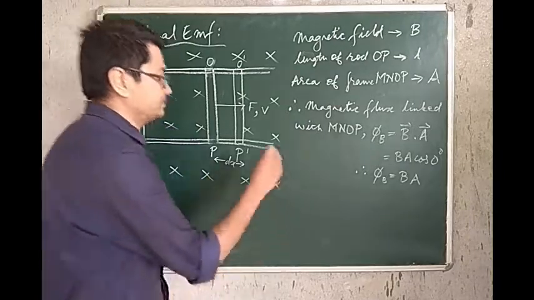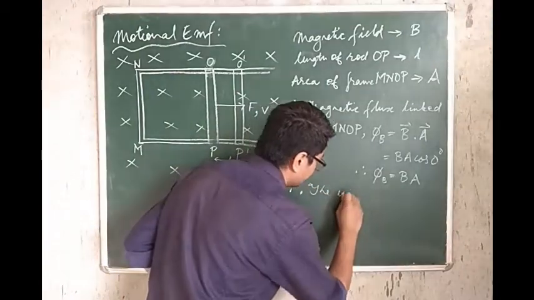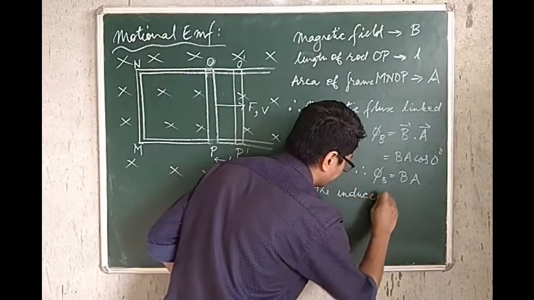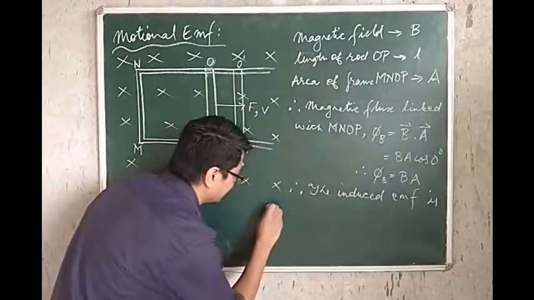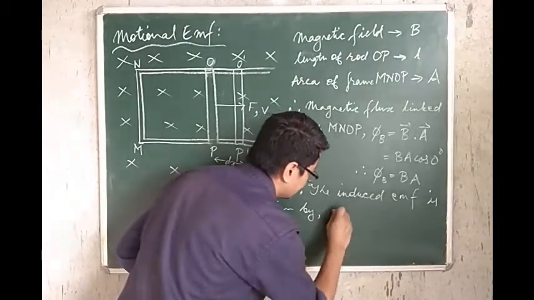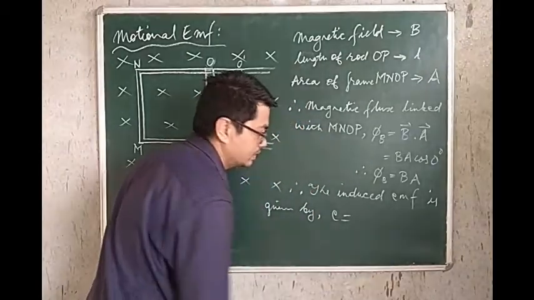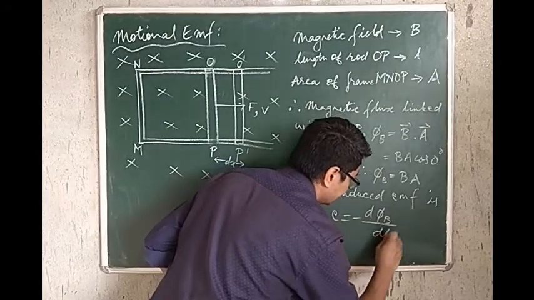Therefore, the induced EMF is given by E is equal to minus d phi B by dt.